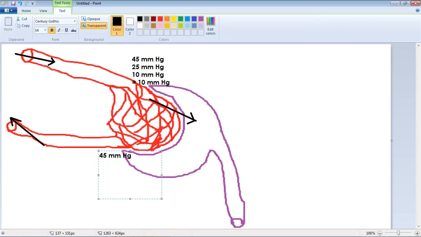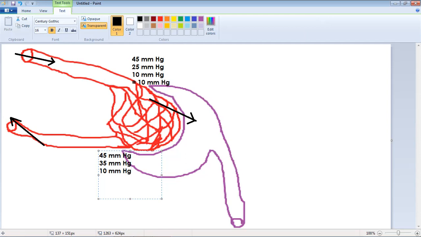And pi GC is increased from 25 to 35 millimeter of mercury. The reason, as I have told you, is that a lot of fluid is lost here, and there is a relative concentration of protein at the efferent arteriolar end. And PBC, as usual, is around 10 millimeter of mercury.